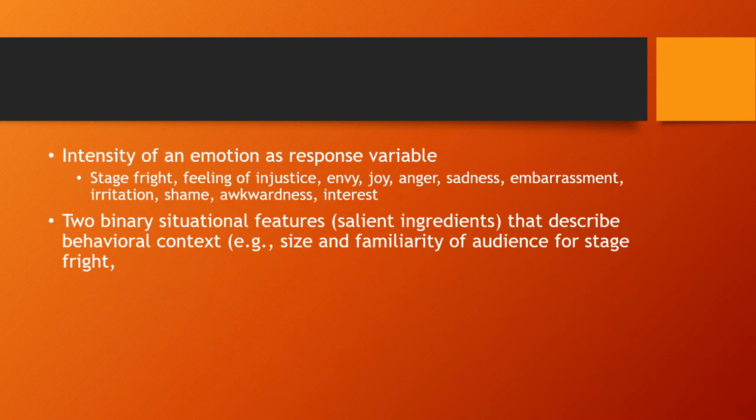So I tried to construct a scale for measuring intensity of emotions in different contexts. For instance, I took 11 emotions such as stage fright, feeling of injustice, envy, joy, anger as response variable akin to preference or importance in marketing research.